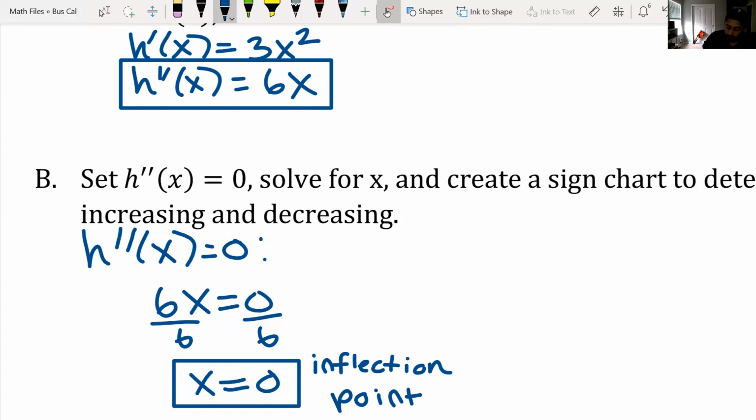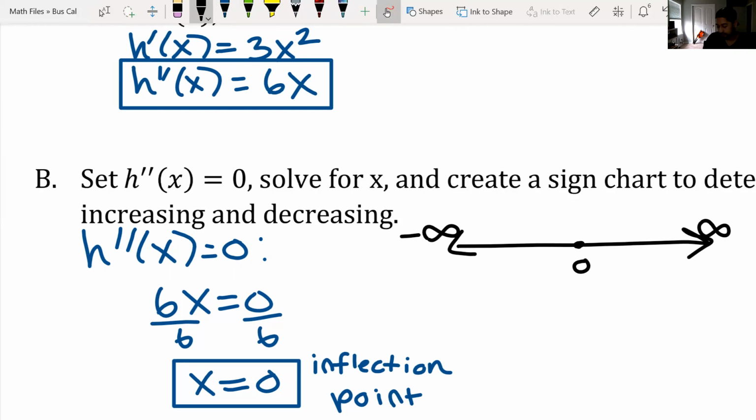Okay, so now we create our sign chart. Negative infinity, positive infinity, and I plot our inflection point of 0.